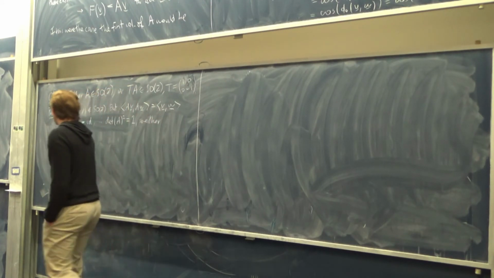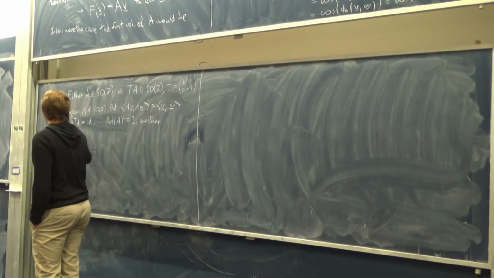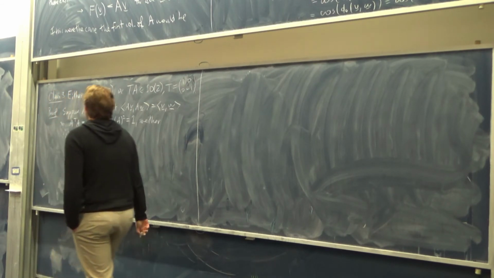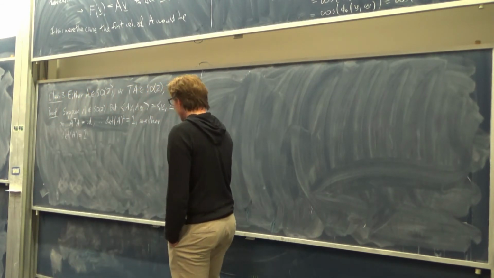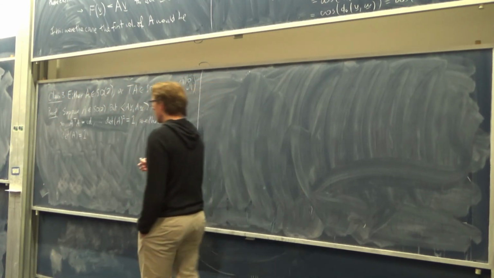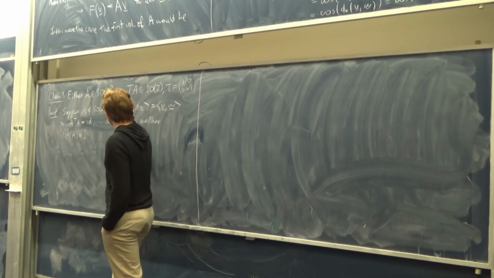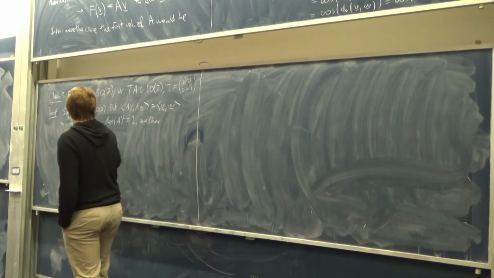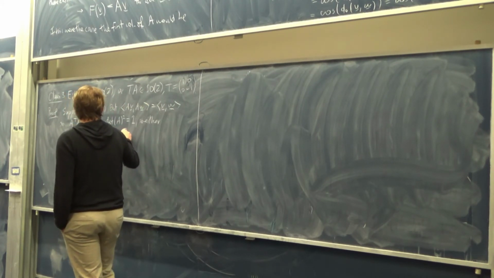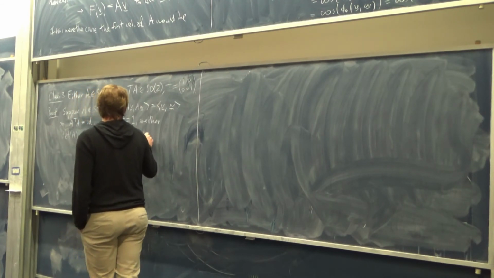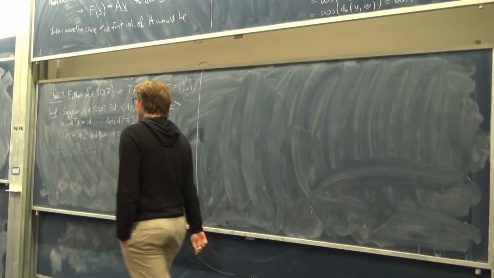Okay, so either the determinant is 1, in which case, by the exercise that I'm referring to at the end of lecture 2, if the determinant is 1 and it preserves the inner product, then it must be a rotation matrix. That's just a calculation.